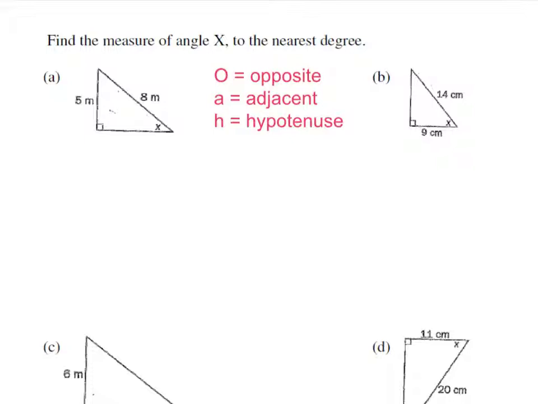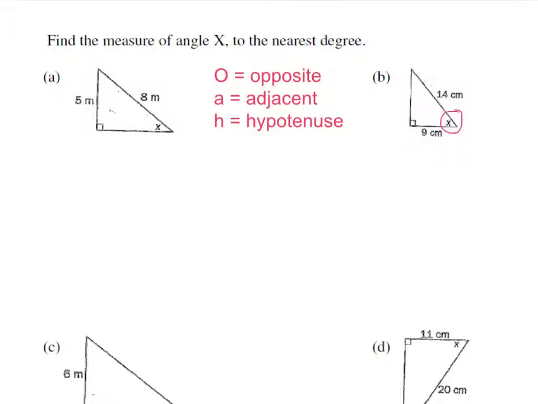So then x is equal to the inverse sine of 5 over 8, which equals 39 degrees. Alright, let's go ahead and do the next one.